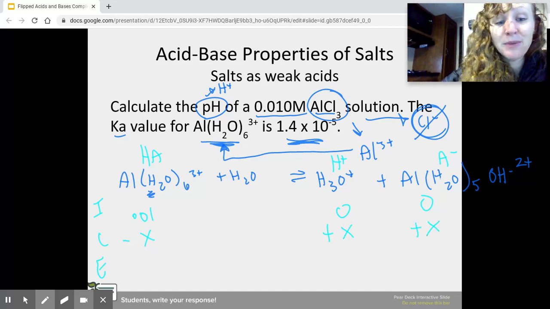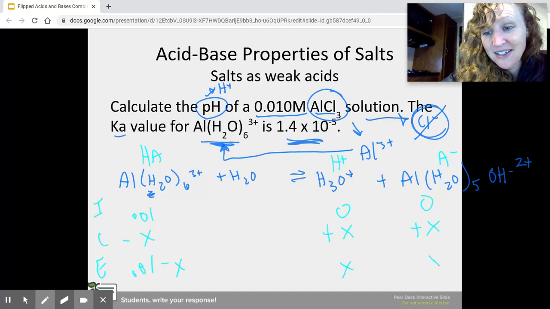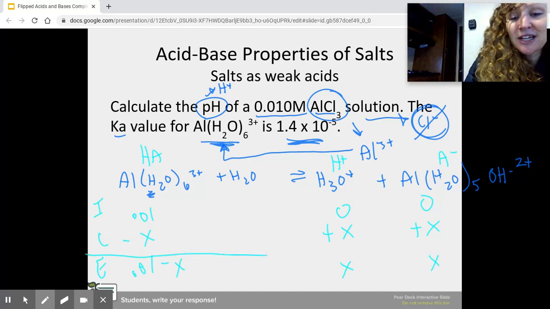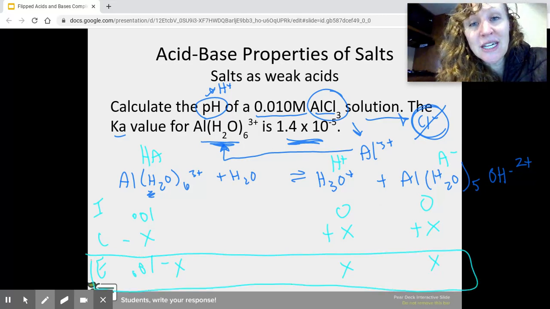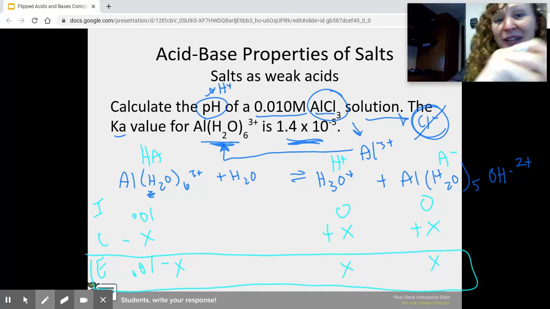You can just skip that whole process. They don't ask you what that acid is. Just skip it. Go to the ICE chart, right? Write the generalized equation. If they don't ask you for information, don't provide it. Not always a great life principle, but a great chemistry testing principle, right?